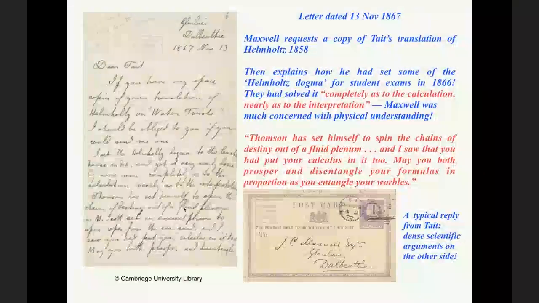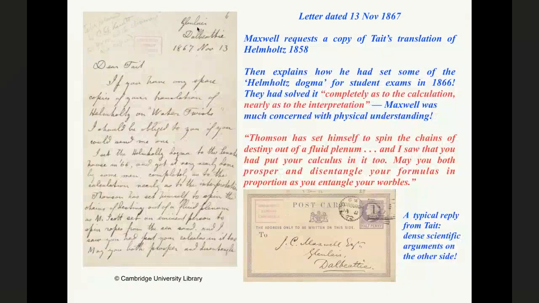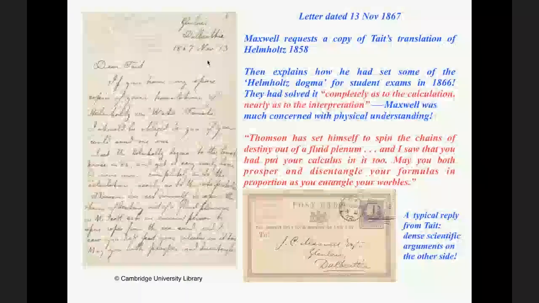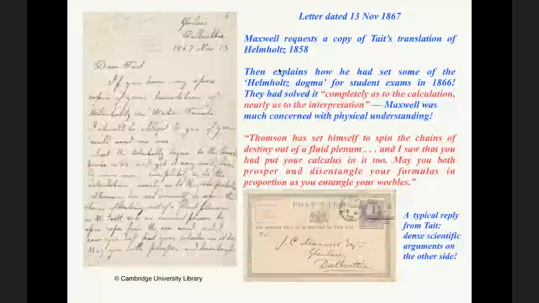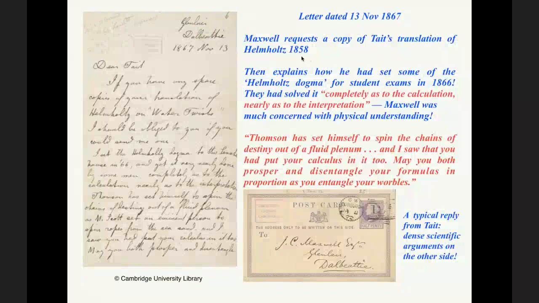Here's a letter from Maxwell to Tate, the first page of a 4-page letter. You see, he writes from his estate in Glenlair in the southwest of Scotland. He requests in this letter a copy of Tate's translation of Helmholtz's paper of '58. This letter is dated 1867.